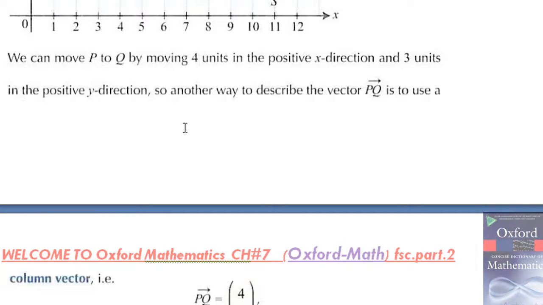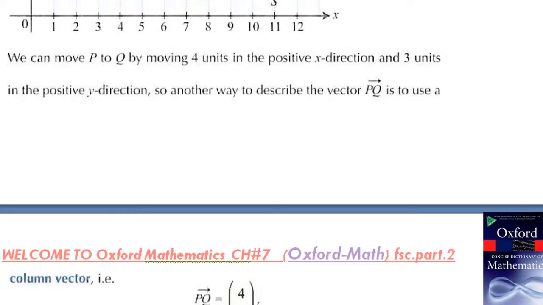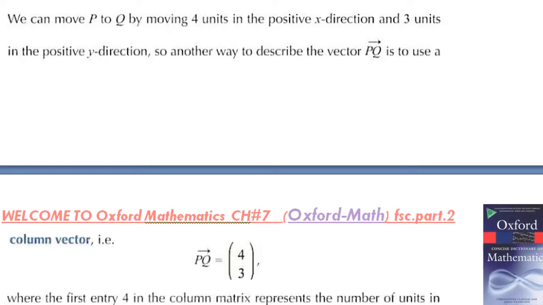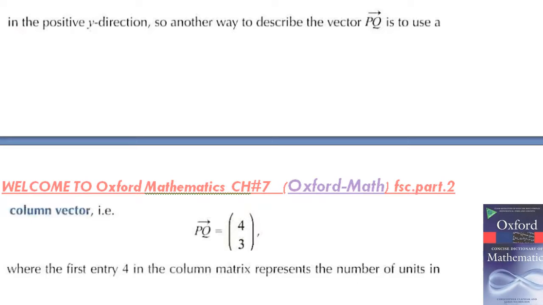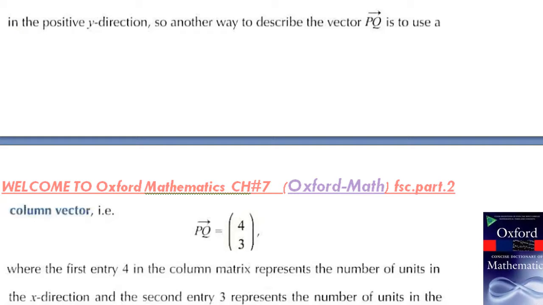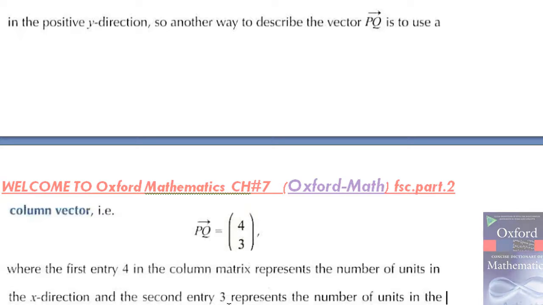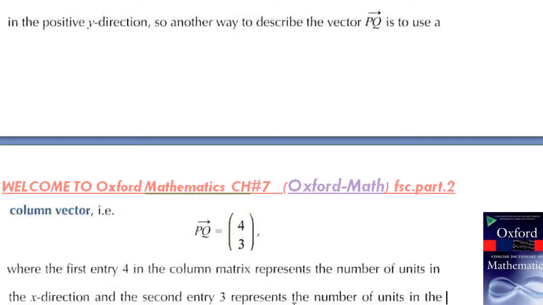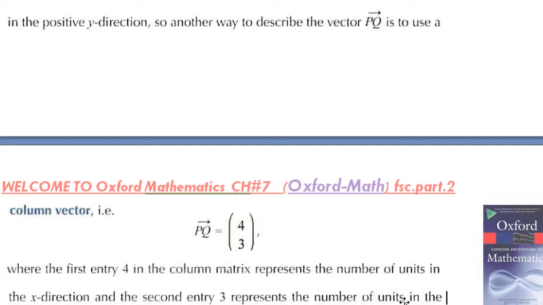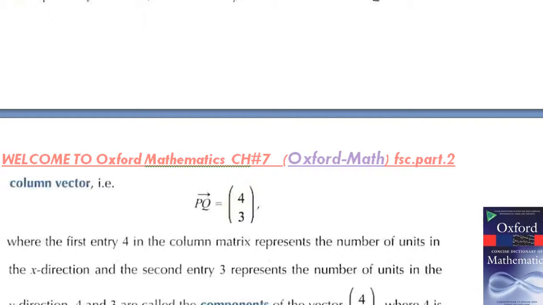The first entry, 4, represents the number of units in the x direction, and the second entry, 3, represents the number of units in the y direction.